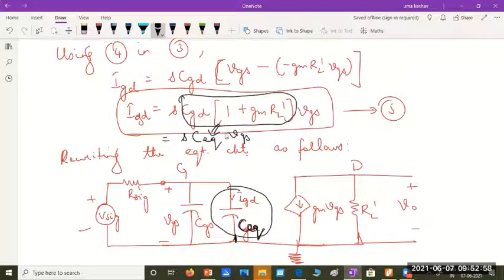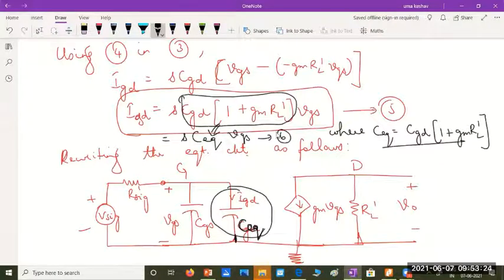This S I am considering as it is, VGS is there. C equivalent is nothing but the old CGD which we had connected between the gate and drain, into 1 plus GMRL dash, where GMRL dash represents the mid-band gain of the amplifier. You call this equation 6. So IGD can be effectively written as SC equivalent into VGS.